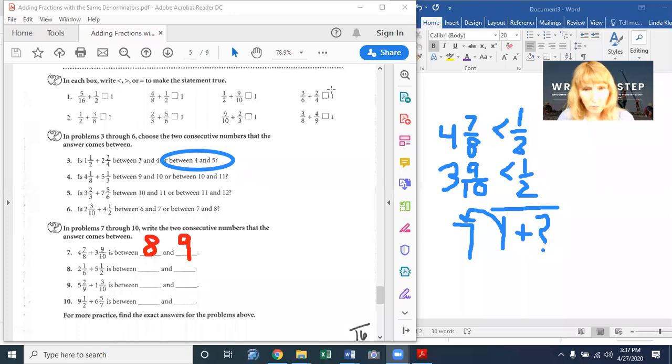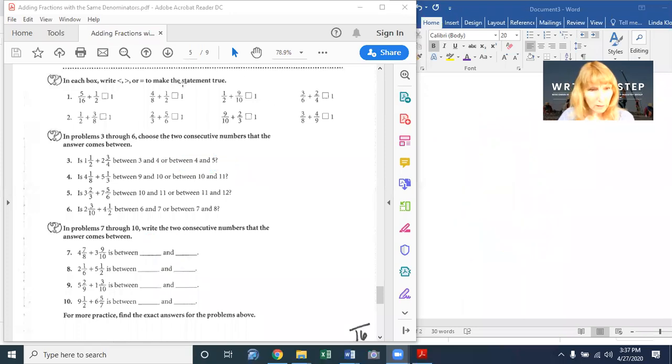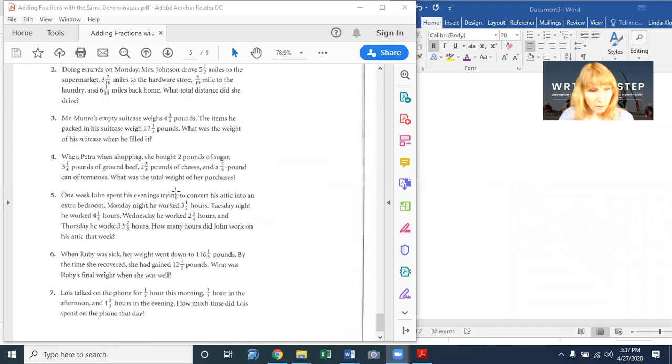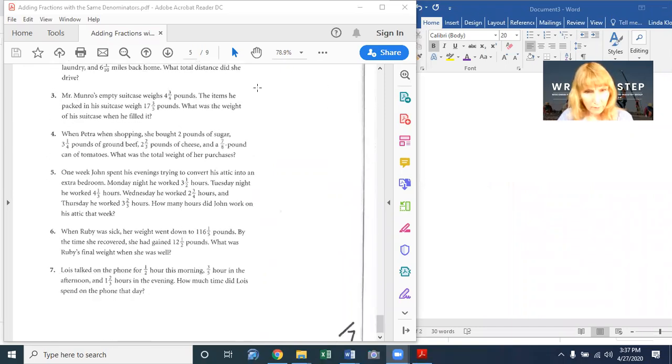If I have time for one more, let's take a look. This is word problems. Let's just do number 5. So I'll circle that one. We're going to do this one right here. One week, John spent his evenings trying to convert his attic into an extra bedroom. Monday night, he worked 3.5 hours.